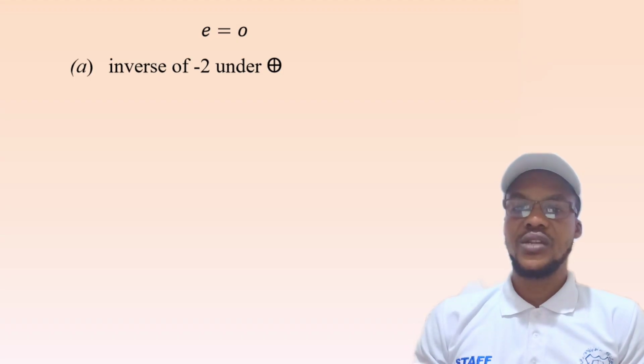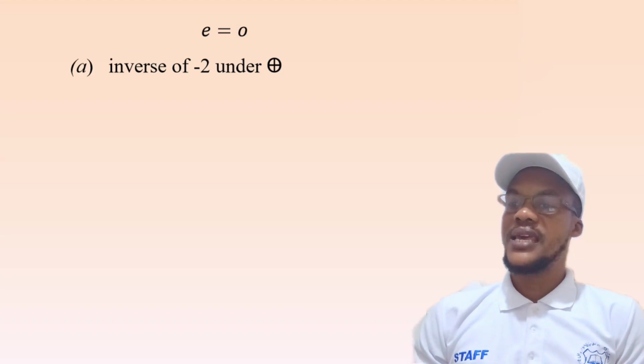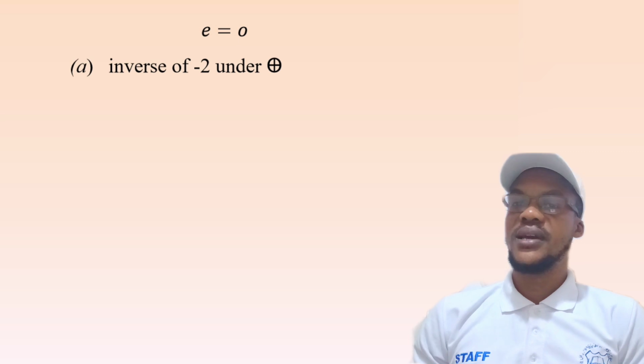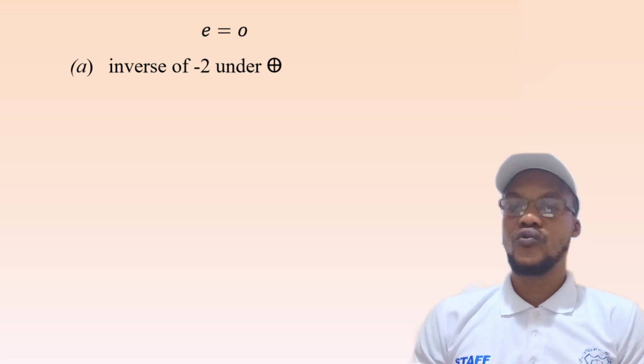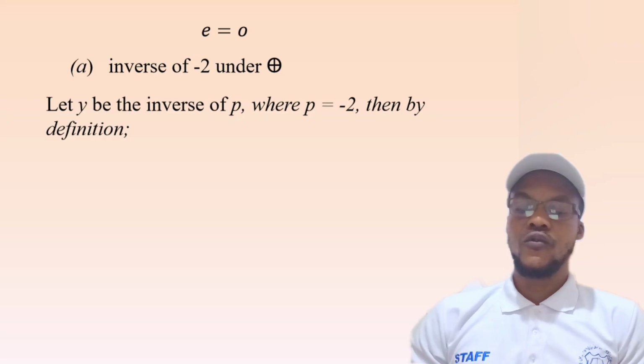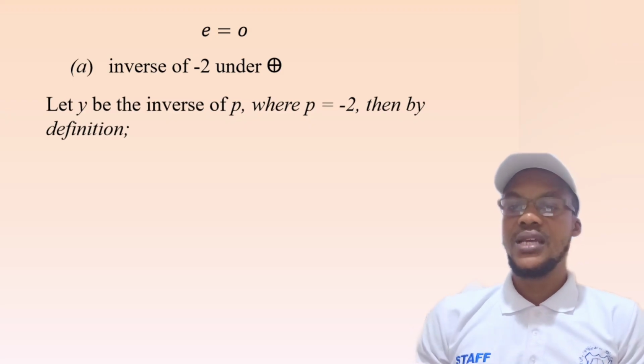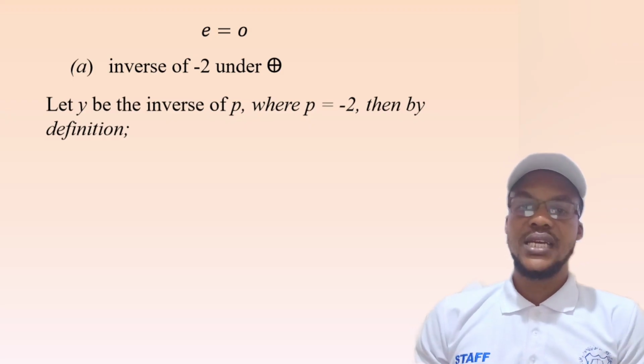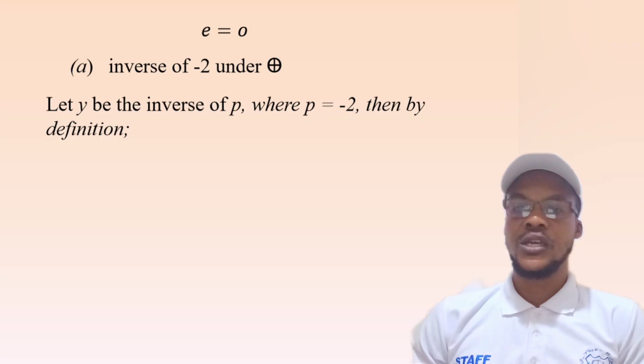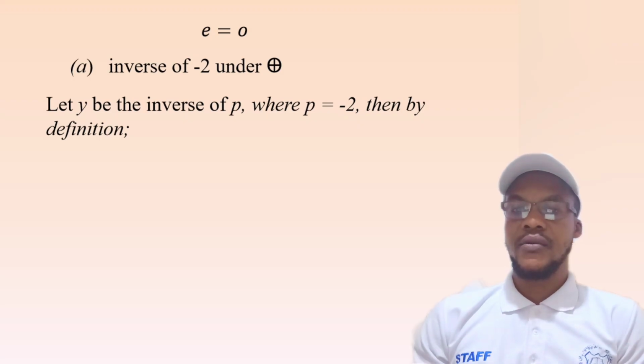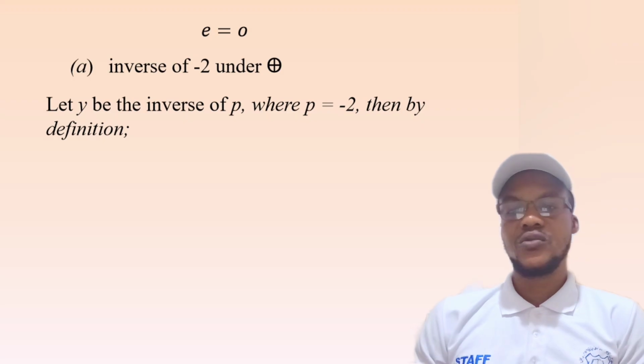Well, now that we know our identity or neutral element is 0, then we can proceed to find the inverse of -2. Okay, so from the relation given here, we can also let y be the inverse of what? P. Okay, we can let y be the inverse of P, where P is equal to -2.